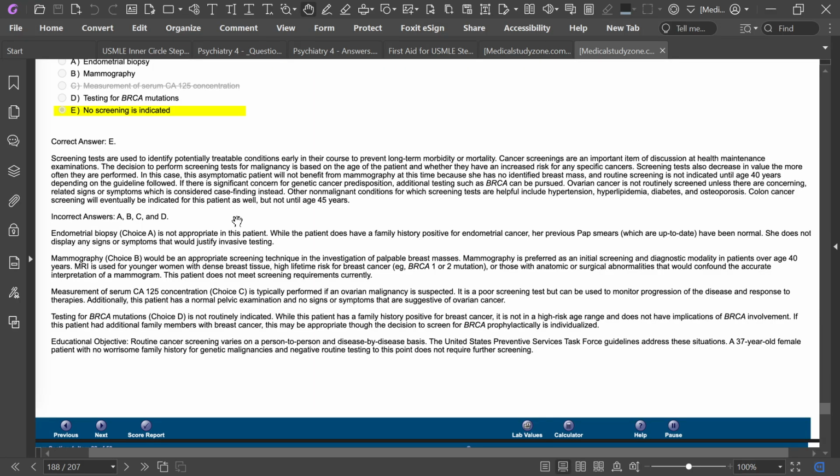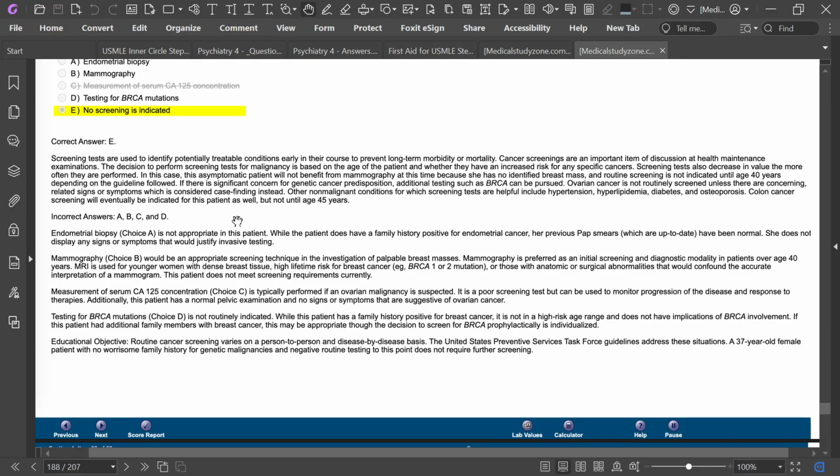In this case, this asymptomatic patient will not benefit from mammography at this time because she has no identified breast mass, and routine screening is not indicated until age 40 years, depending on the guideline followed. If there is significant concern of genetic cancer predisposition, additional testing of BRCA can be pursued.